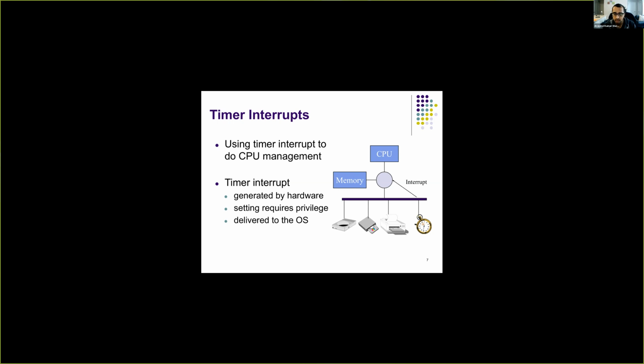And the timer interrupt, as is the case with all the interrupts, will be delivered to the operating system. So timer interrupts provide a way for the operating system to know when the time expired, or to know when a certain period of time passed. Okay, this is the fundamental mechanism of time sharing systems.